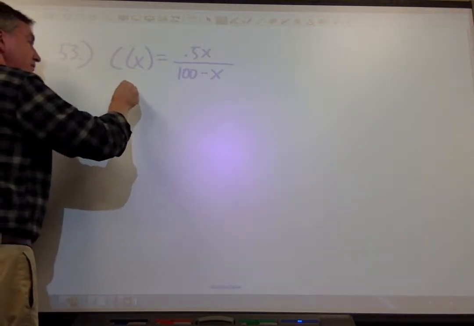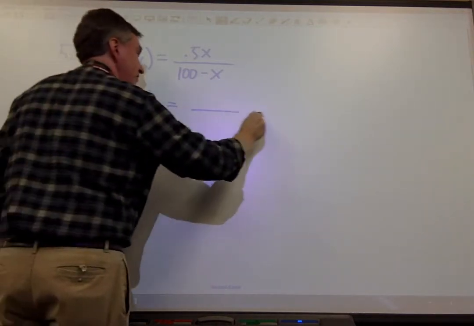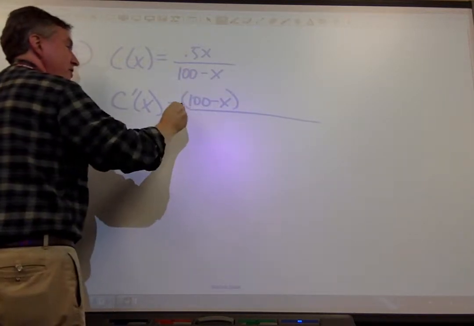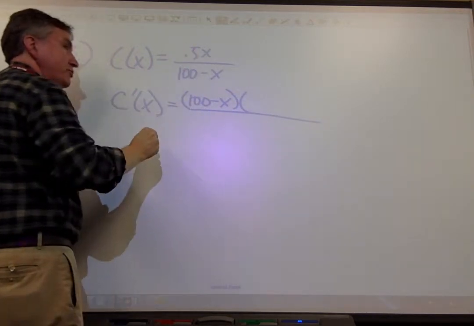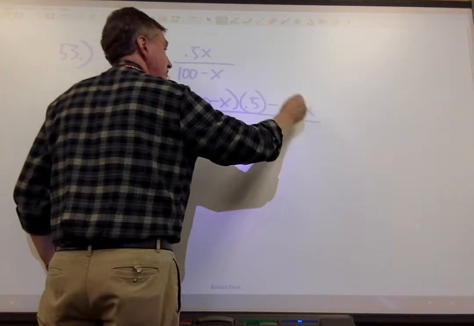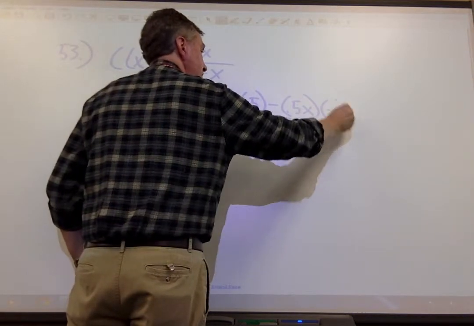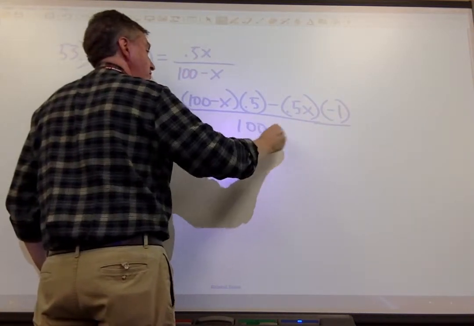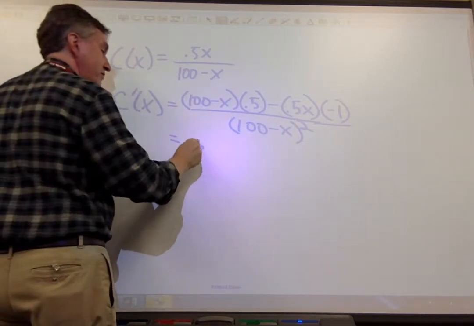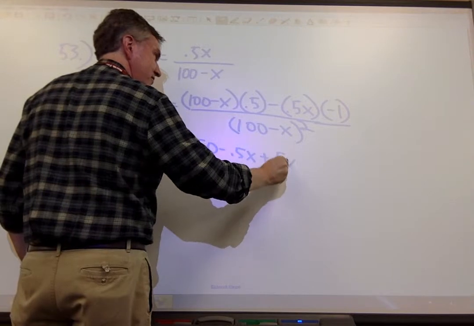So if we find C prime, I'll have to use the quotient rule: denominator times derivative of numerator, minus numerator times derivative of denominator, which is negative 1 over 100 minus x squared. That's going to be 50 minus 0.5x plus 0.5x.